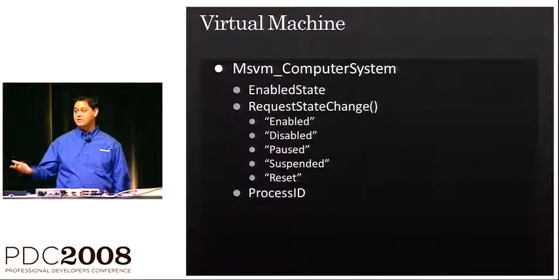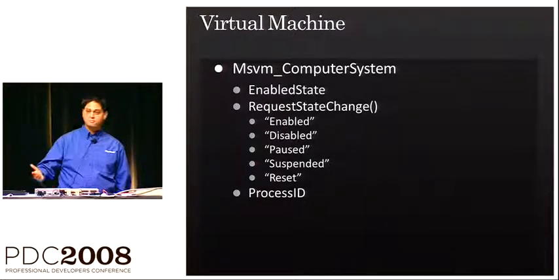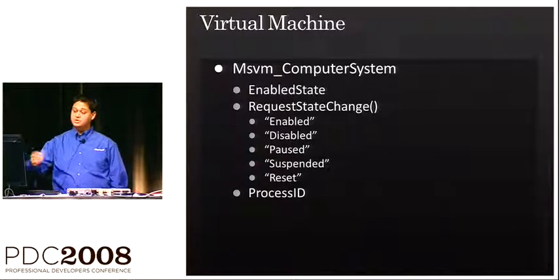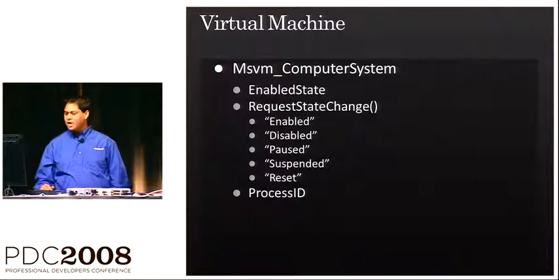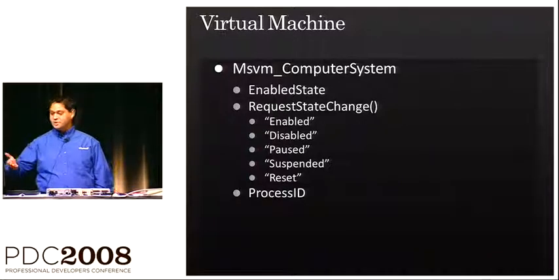RequestStateChange is the method that you actually use to enact a change on EnabledState. So these are the 5 values that you can send into the RequestStateChange method. And finally, we've got this ProcessId. Again, this is just a sampling of some of the interesting properties.